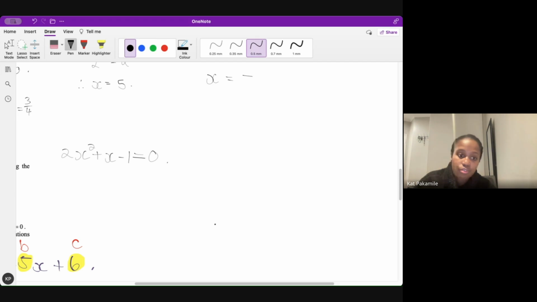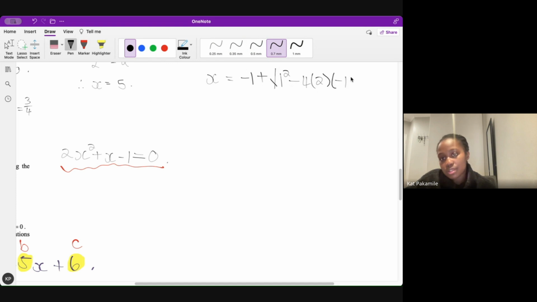In case you guys are confused, we are over here. So if there's nothing in front of the x, then B is 1. So this is negative 1 plus the square root of 1 squared minus 4 times 2 times negative 1. All divided by 2 times 2.